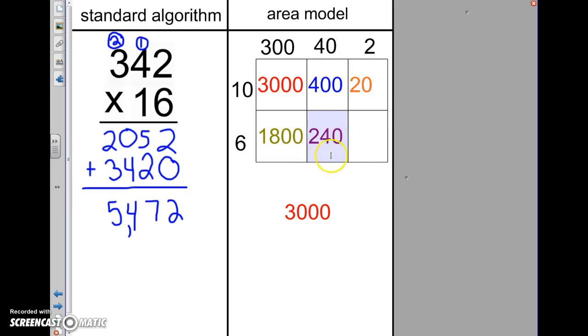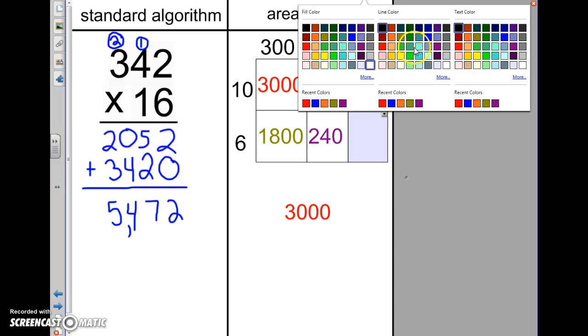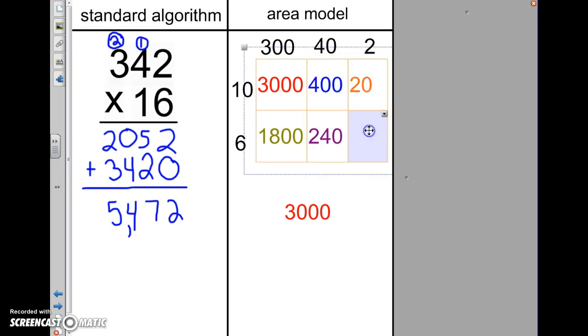We move the product over 1 place value. Okay, and then last but not least, we have this section, which is 2 by 6, which is 12.